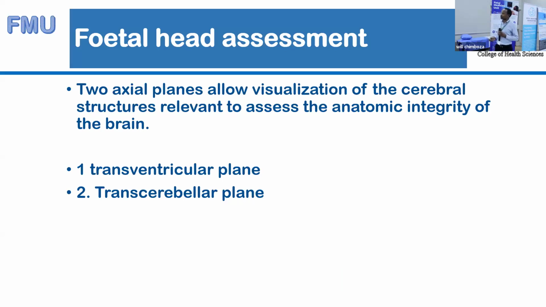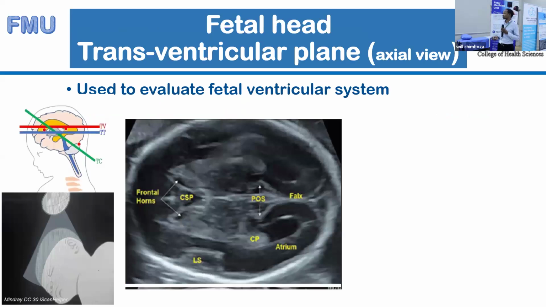But from these views, we might be able to see most of the structures, especially those that we also see in the transthalamic plane. So this one is the image that we get for the transventricular plane. This is the position that we are examining, and this is the position of our probe.